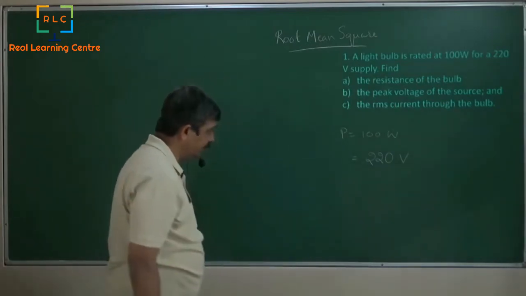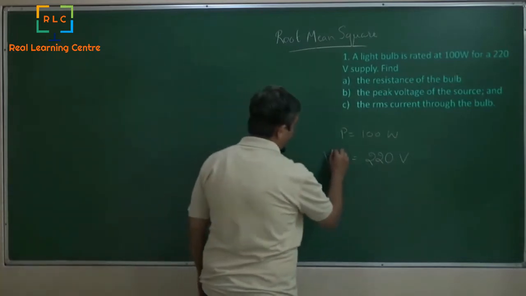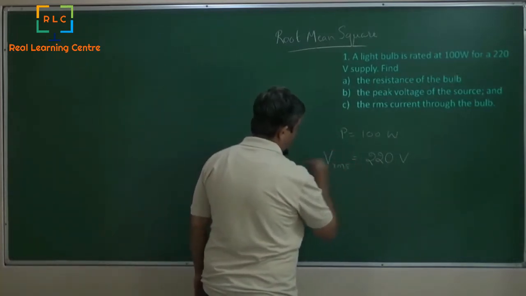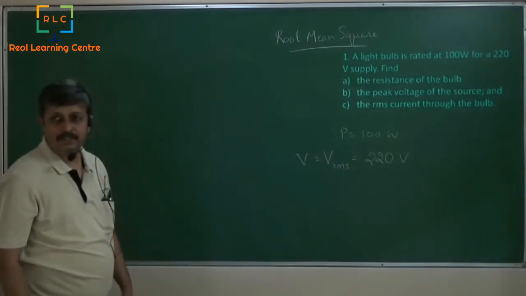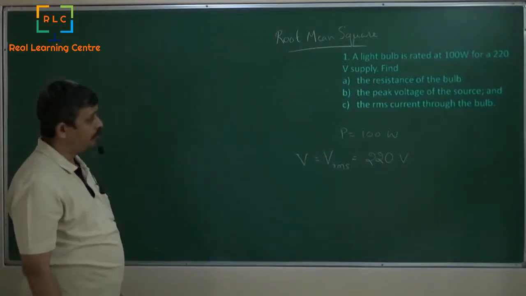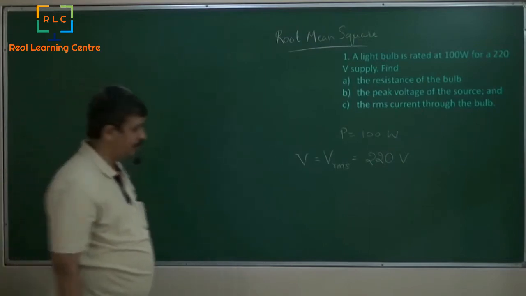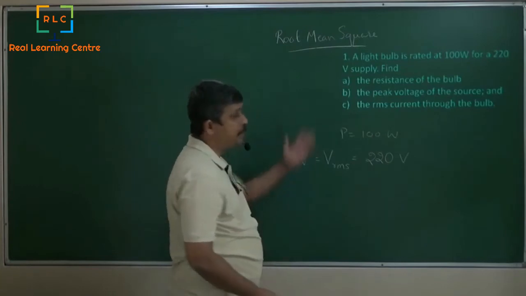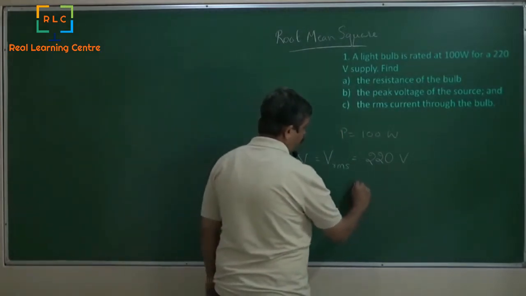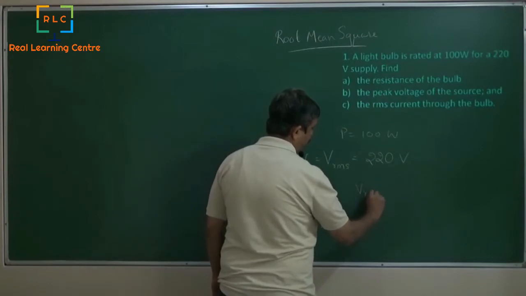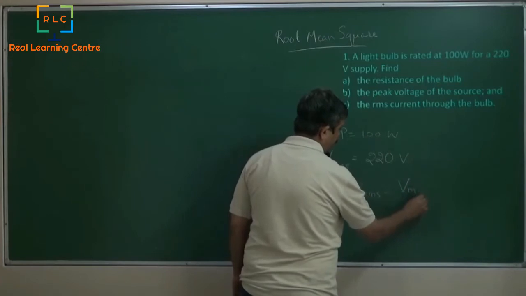We take whatever they have specified to us as VRMS, or we simply call it capital V, which is 220 volts. So now we know what the maximum value is. So we can calculate, for example, the peak voltage of the source. How do we calculate peak voltage of the source? We know that V RMS is equal to V peak or V max by root 2.